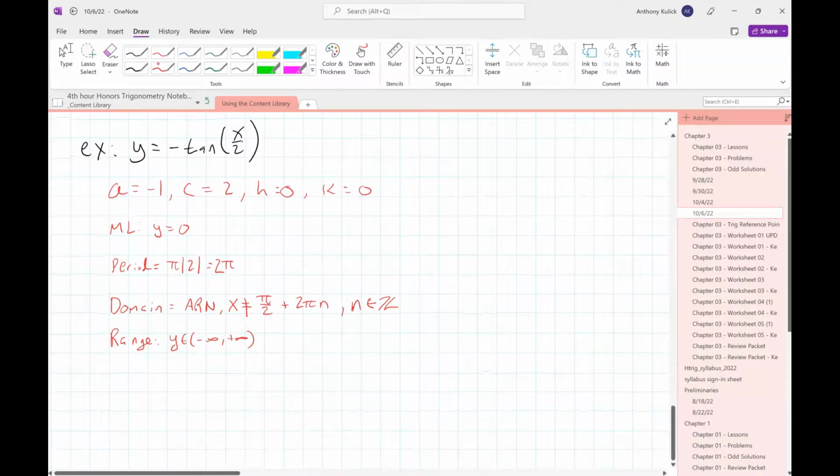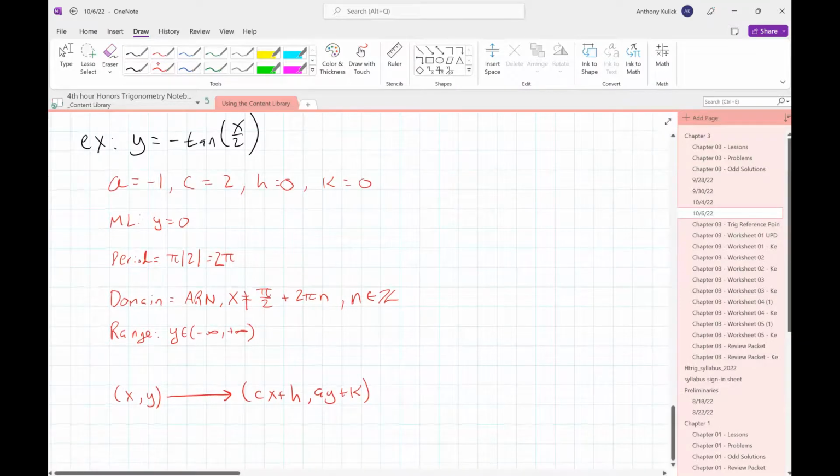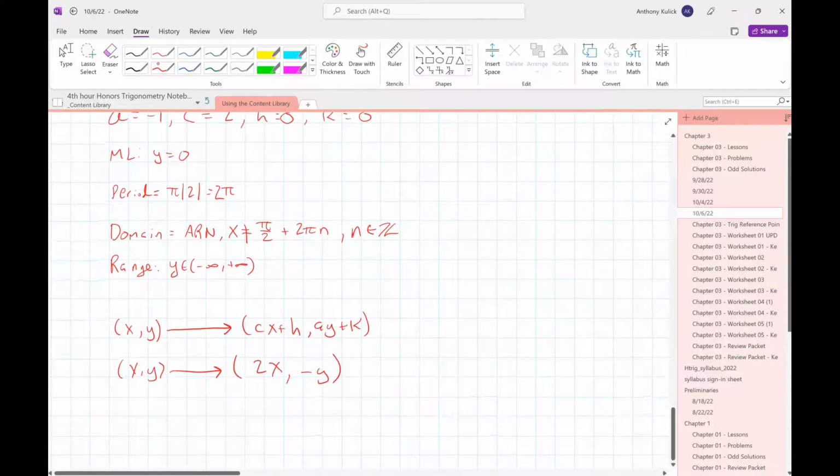Okay, what if we want to graph this now? If we're going to graph this, we need to use the transformation map. Is this something you should have memorized? Yes. 100% yes. So for us, that is going to be 2x, negative y as our map.